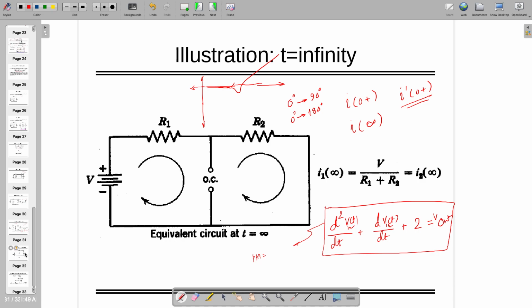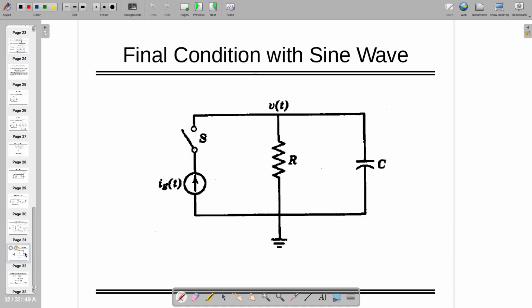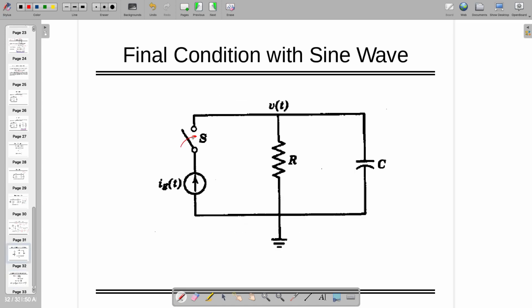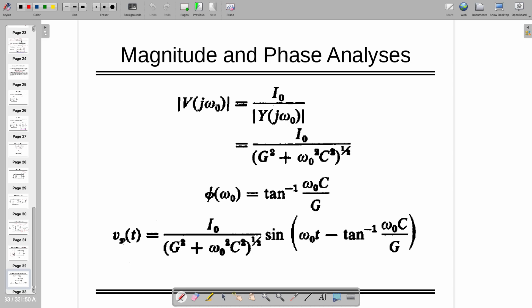Now, the interesting part is how to do it using whatever you learned in differential equations. What generally people follow, if they don't know Bode plot, is the same thing. When this switch is on, if there is a network like this and this current is like this, then you can write v of j omega 0 in terms of I0 divided by y of j omega 0.